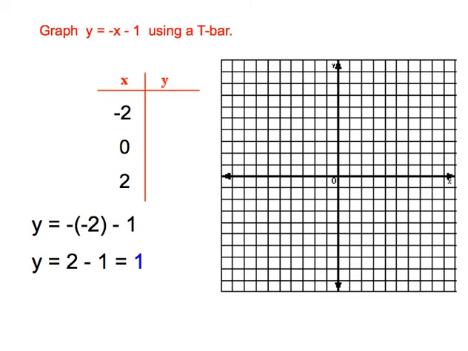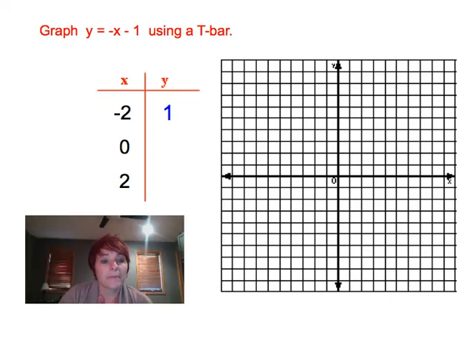So if I take that 1, then I can move it up here, so I've got the point -2, 1. Next, if I plug in the 0, I would get -1, and if I plug in the 2, I would get -3.